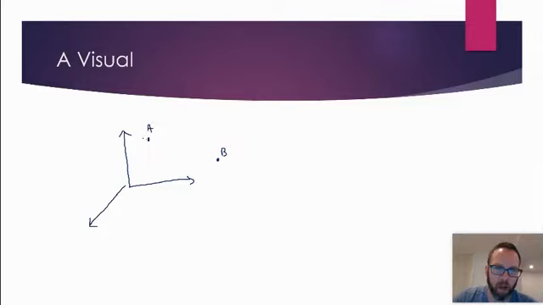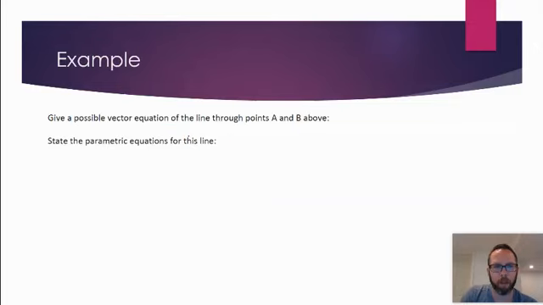If I wanted the equation of the line through A and B, what I need is a position vector that gets me from 0, 0 to that line, and then a direction vector, in this case AB. It's much the same as R2: a position vector to get you to the line, a direction vector to tell you where to go.